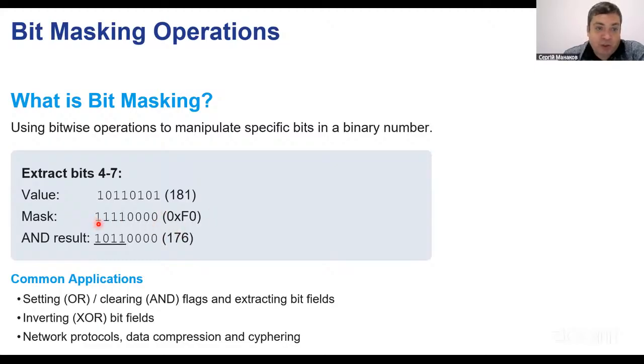This logical 1 will turn your LED on, and this 0 will turn it off. So using masking operations with logical functions, you can easily control your LEDs. So this is an example of practical use.